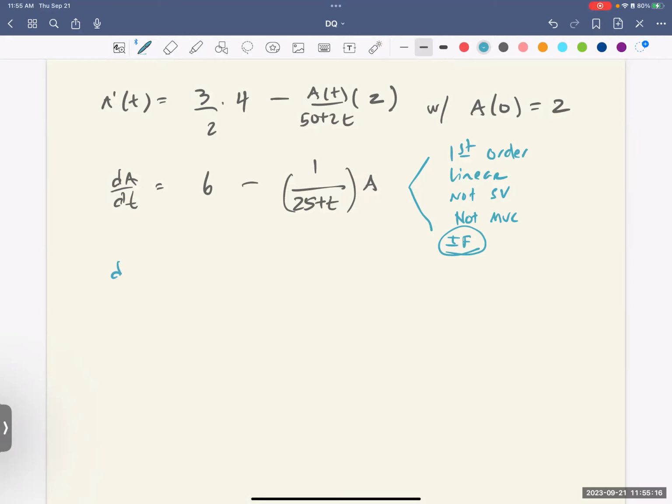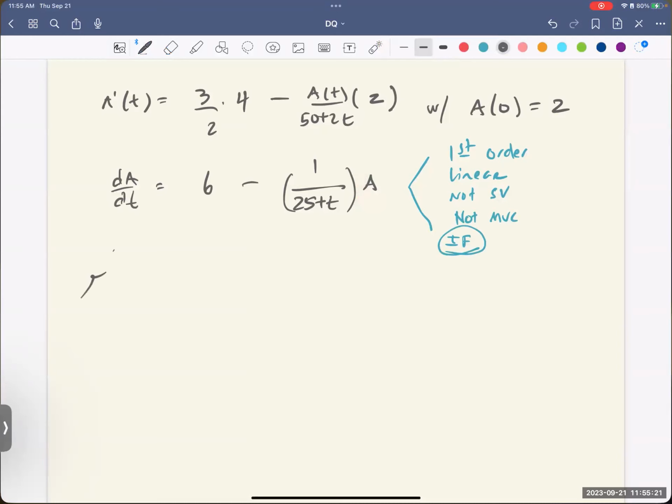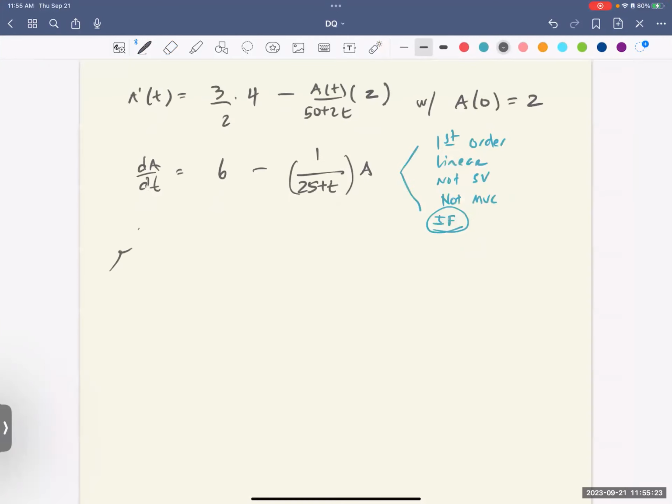We would take the form: we need dA/dt on the left plus the dependent linear term is equal to 6. For our integrating factor, let's use orange.